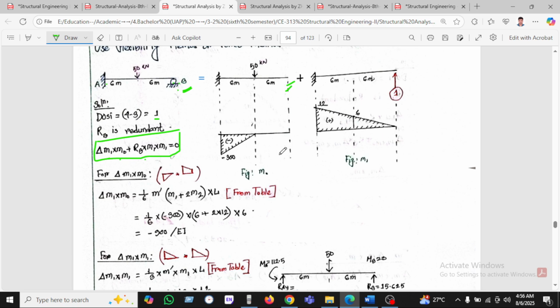What is M1? M1 is this diagram, which is the redundant unit load diagram, and M0 is the diagram which has been given here. So how will we find the BMD? This is the bending moment diagram.